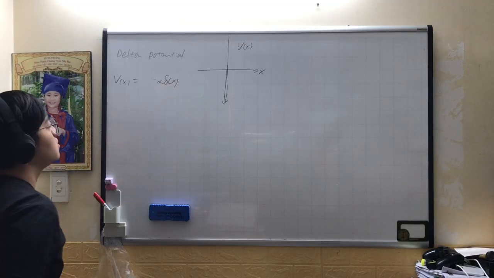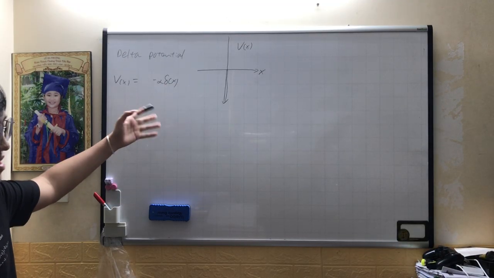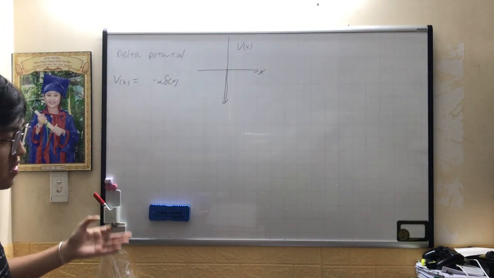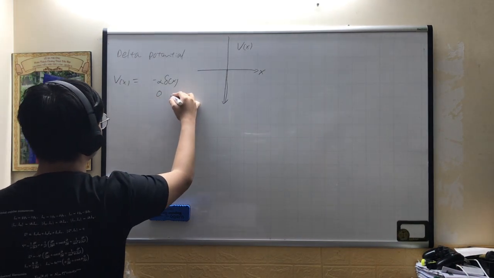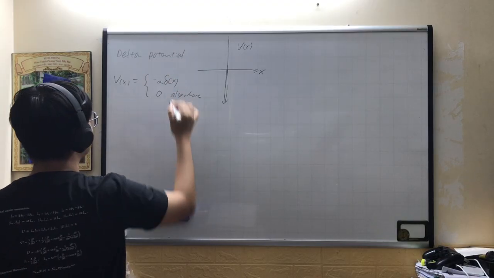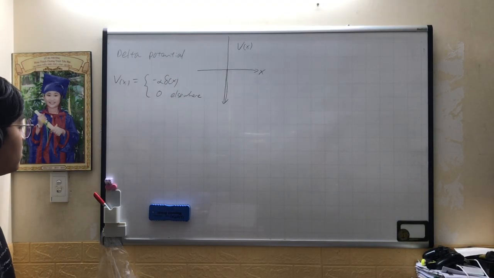This is the coefficient that dictates the severity or something like that. So that is your definition of delta potential.